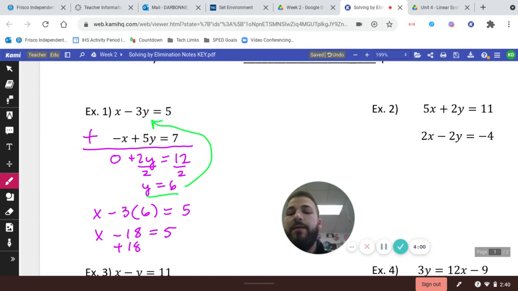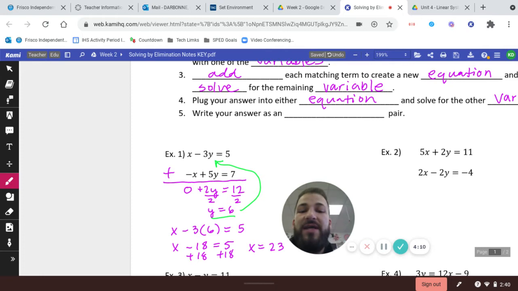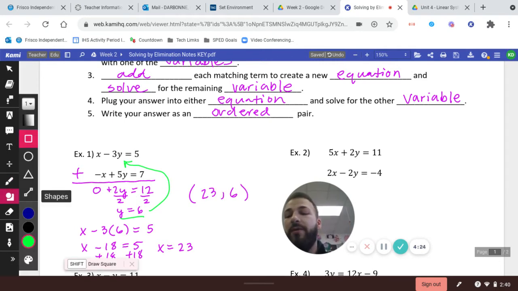Plus 18 plus 18, and we get x is equal to 23. As our final answer, we always write our answer as an ordered pair. And this is true for all of our systems of equations. So x value is 23, y value is 6, so our final answer is (23, 6), because it's always x, y.